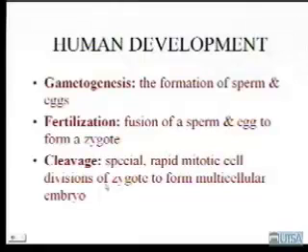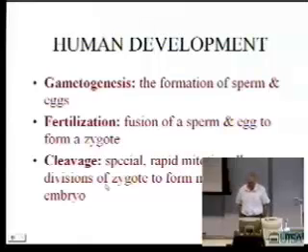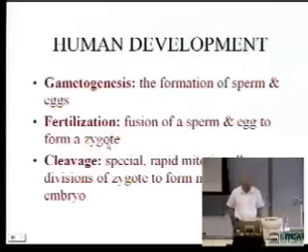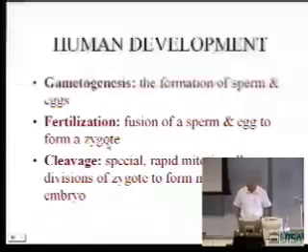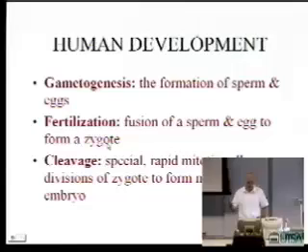The human development then follows this line of events. There is gametogenesis, the formation of the haploid gametes, the sperm and the eggs. There is fertilization with the fusion of the sperm and the egg to form the zygote. So there is a term for the outcome of conception up until a very key point, and it is the zygote.